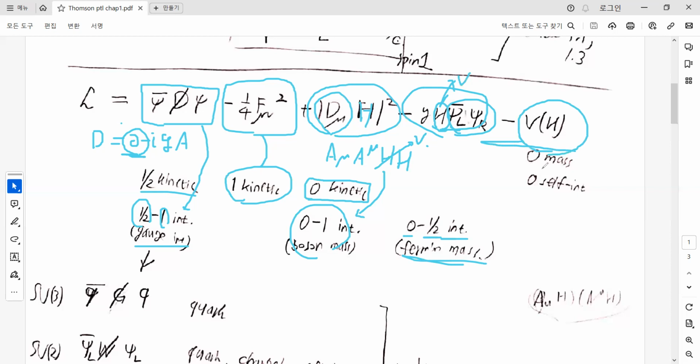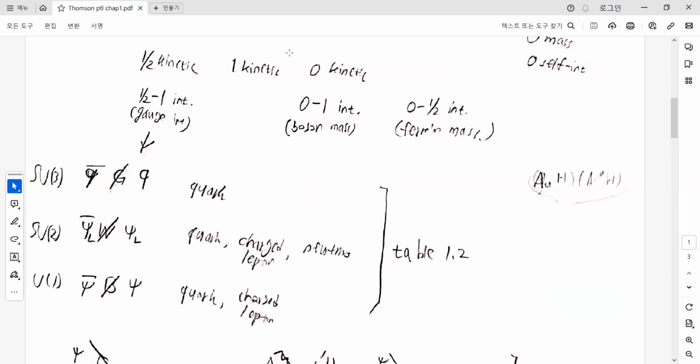The quadratic term gives the Higgs its mass, and the quartic term gives the self-interactions of the Higgs. Especially in the gauge interactions, there are three gauge symmetries in the Standard Model: SU(3) color, SU(2)L, and U(1) hypercharge. In SU(3), only color-charged particles participate in the interaction.